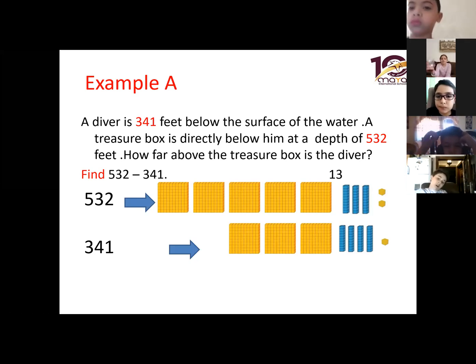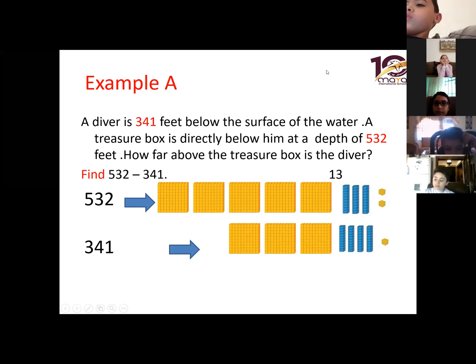How far above the treasure box is the diver? We want to see what is the difference. We want to find the difference between 532 and 341. How far is the diver from the box?